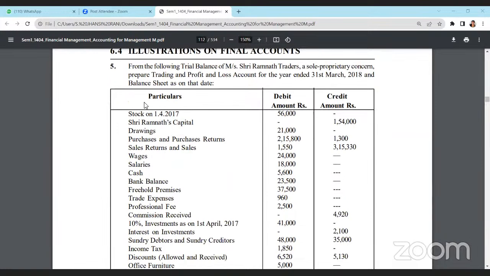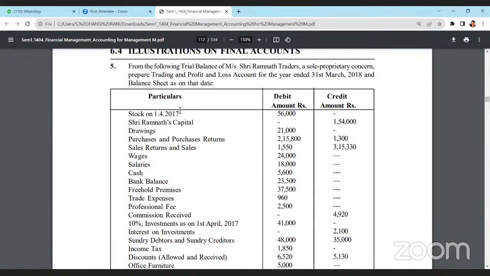Fifth question. From the following trial balance of Sri Ramnath Traders, a sole proprietary concern, prepare the trading and profit and loss account for the year ended 31st March 2018 and the balance sheet as on that date. They have given stock on 1st April 2017, which means it is opening stock.